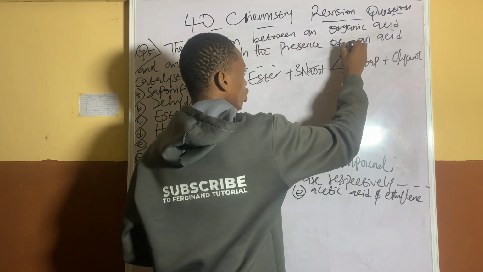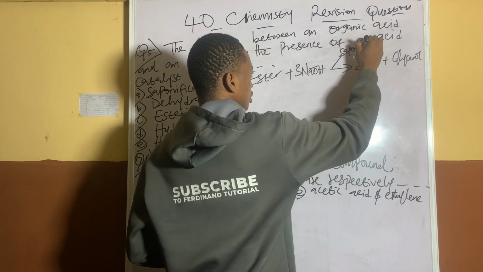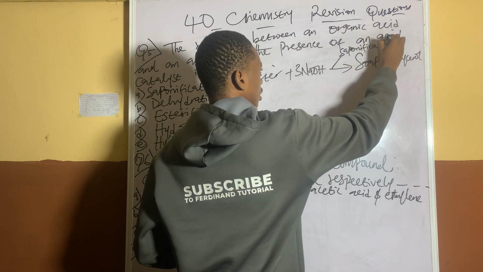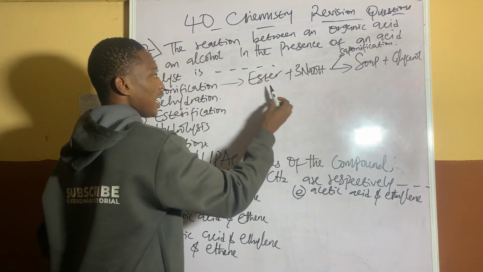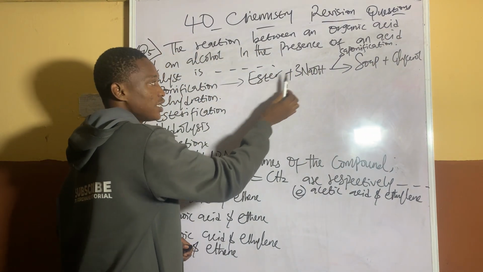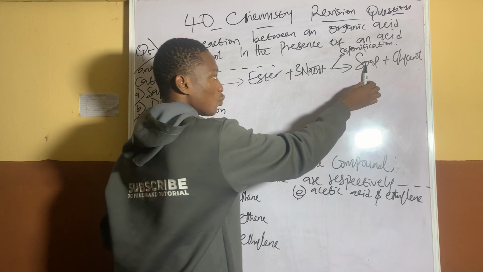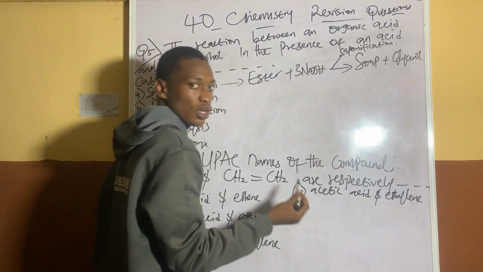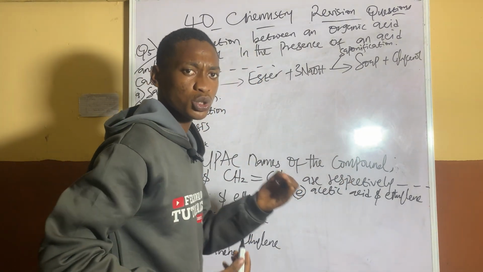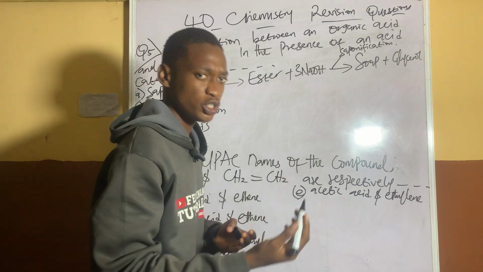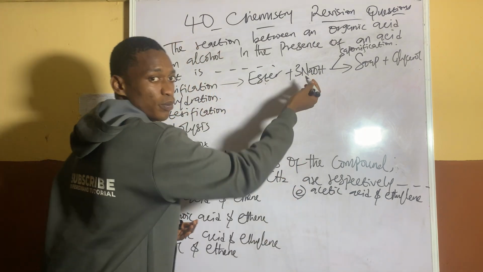This particular reaction is called a saponification reaction. A reaction whereby an ester reacts with sodium hydroxide to form a soap and glycerol. The reaction that helps us to form a soap is called the saponification reaction.